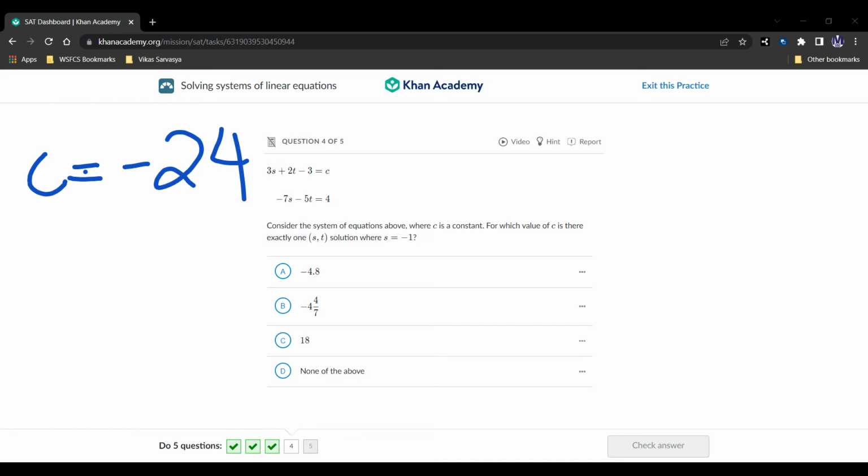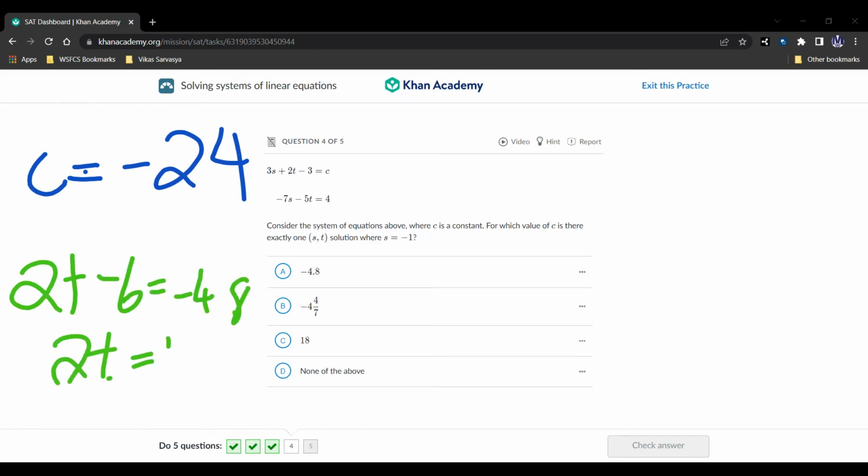So let me get a different color. And we get that 2t minus 6 equals -4.8. So 2t equals 1.2 and t equals 0.6. Okay, now let's look at the second equation. Right, so we plug in the -1 as s and the t as 0.6, and we get 7 minus 3, which is equal to 4.